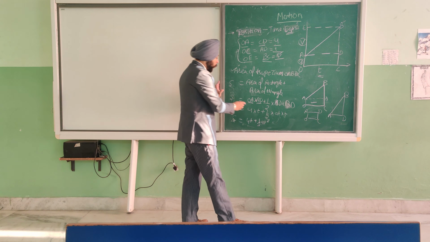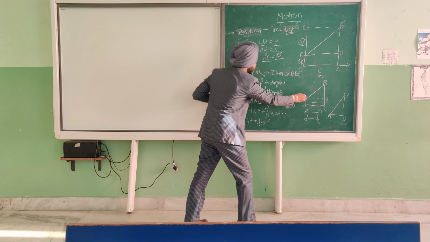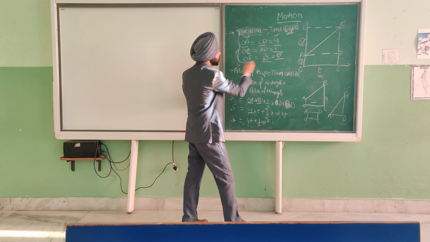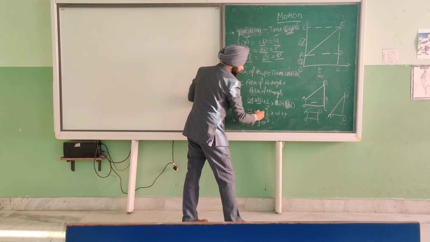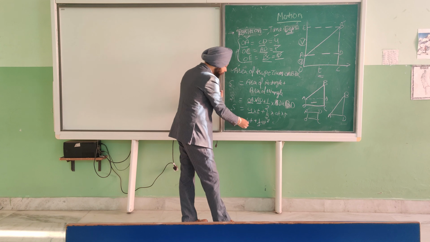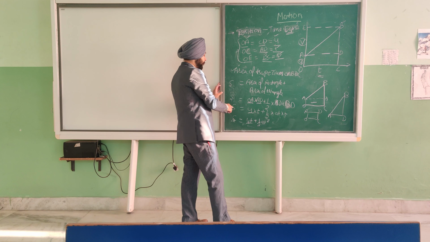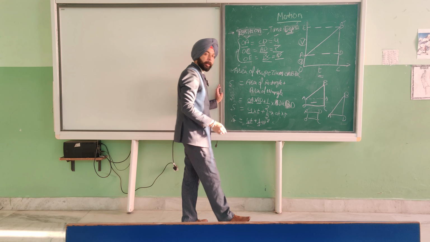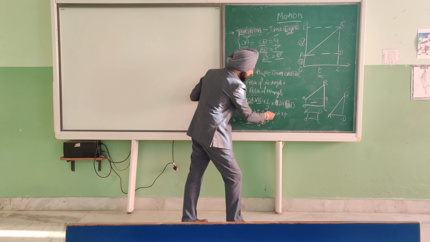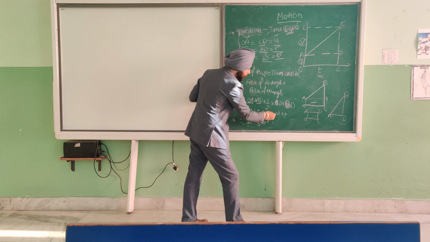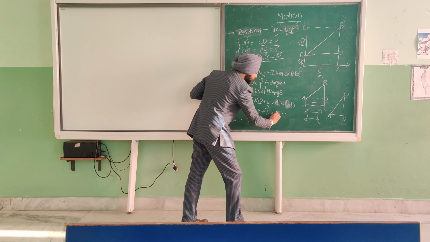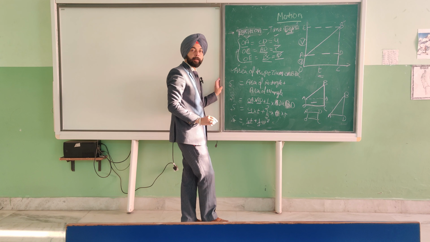OA was U, AD is t. U into t gives ut. So s is equal to u into t plus half, constant as it is, multiply. At the place of AD we take t.